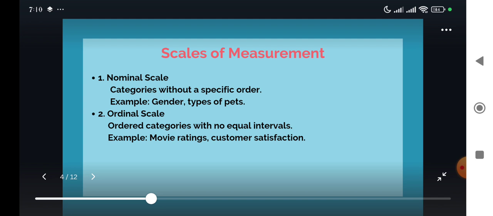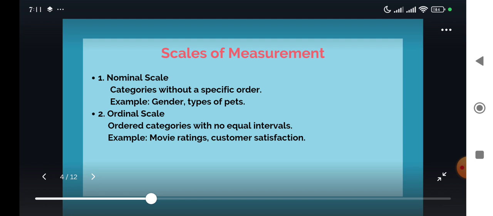Ordinal scale. In this scale, data is ordered, but the intervals between the values are not equal. For example, rankings in a competition like first, second, and third, or customer satisfaction levels like good, better, and best. It has order, but the intervals between the values are not equal.